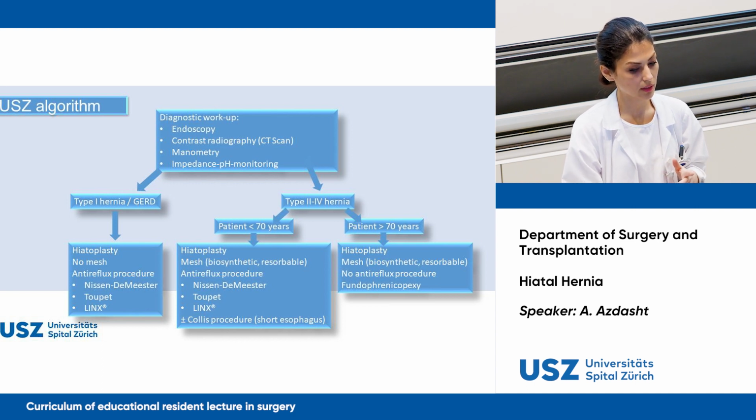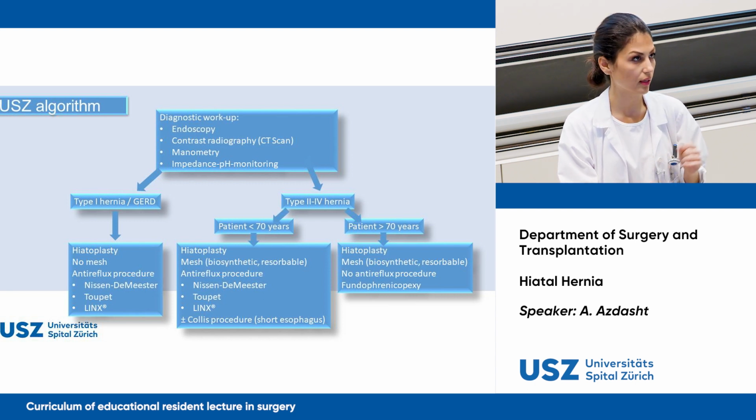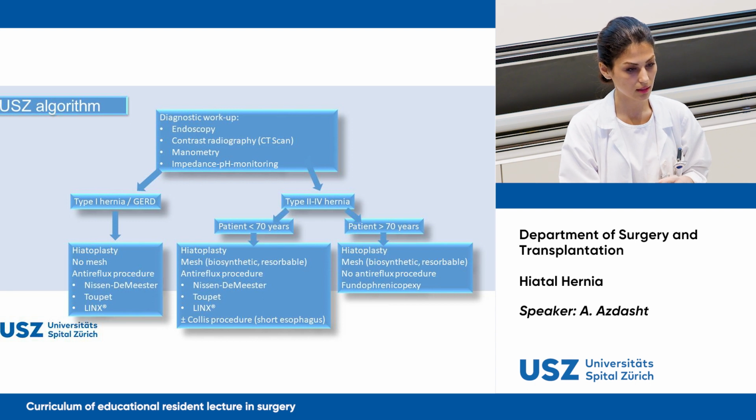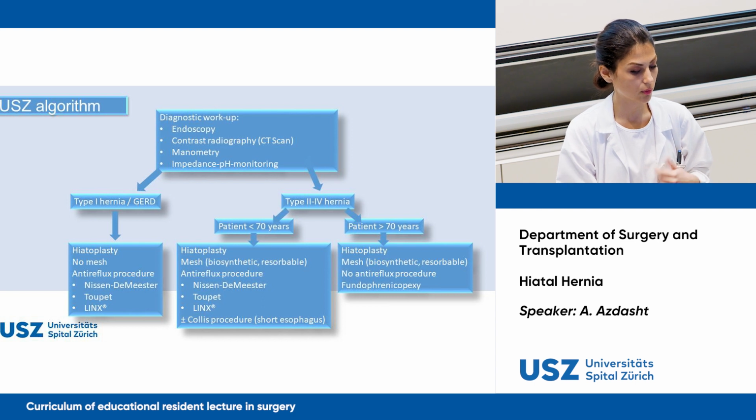We do a mesh augmentation with resorbable meshes, and also do an anti-reflux procedure. And if needed, we do the colusplasty to elongate the shortened esophagus. And for patients who are older than 70 years, we do not do an anti-reflux surgery, but we go for fundophrenico-pexy.